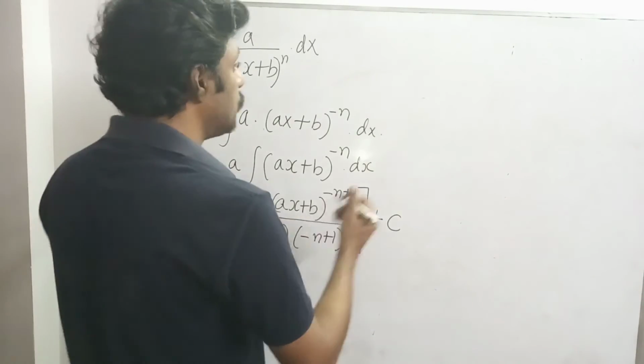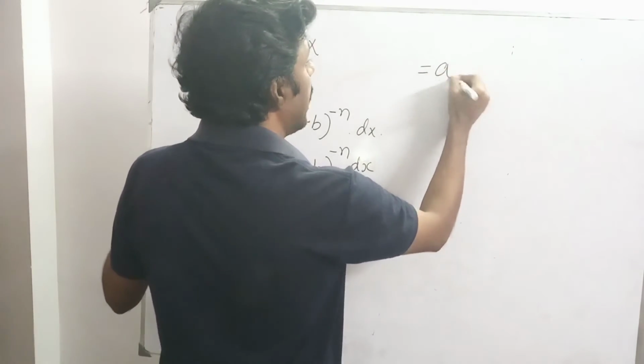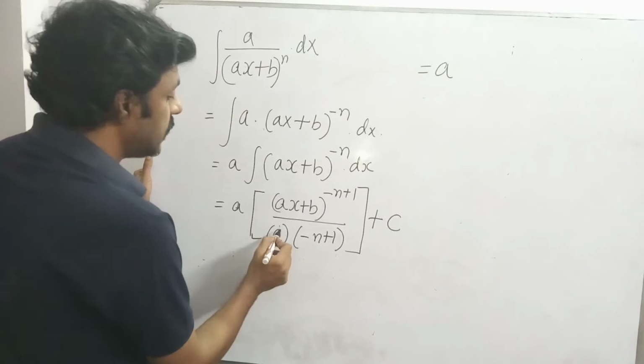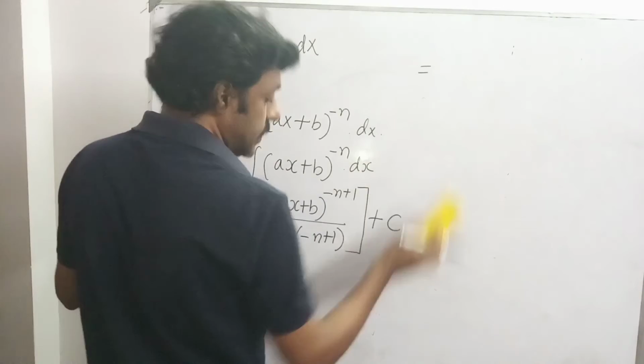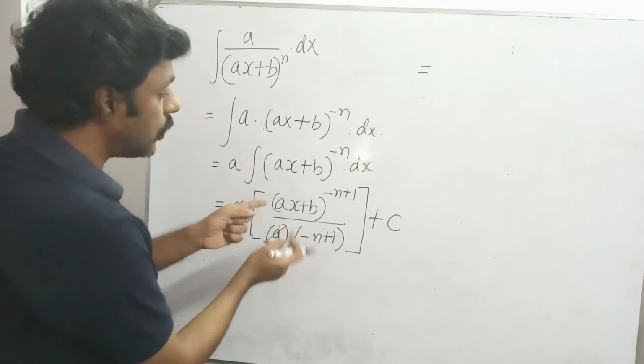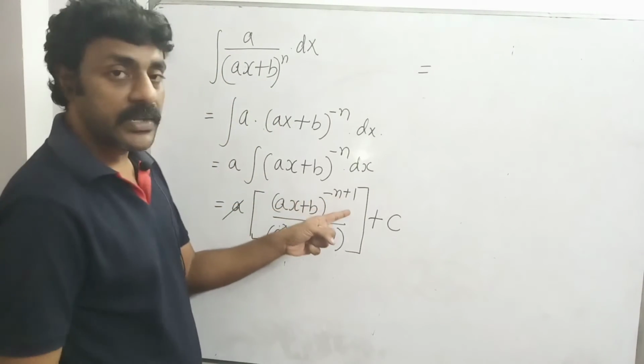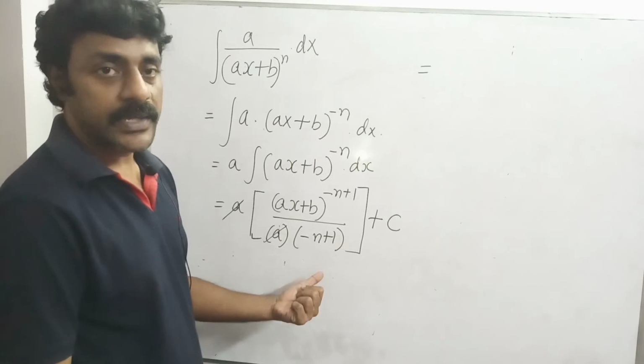Now a and a get cancelled, so no need to put a over here. So we have only ax plus b whole power minus n plus 1 divided by minus n plus 1.